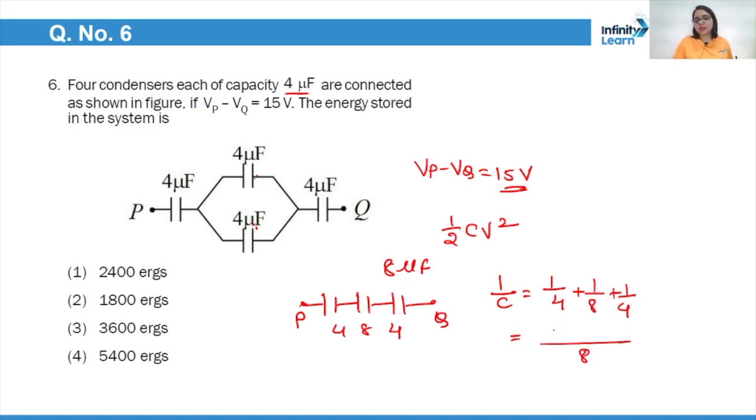So it will be 2 plus 1 plus 2 upon 8. So this is 5 upon 8, which is 1 upon C. So C will be 8 upon 5 microfarad. Right, so after putting all these values in half CV squared, you'll get the value of energy stored in CGS unit as 1800 ergs. After getting the value of half CV squared in joules, you can convert it into erg to get the total value as 1800 ergs. So the correct answer is option 2.